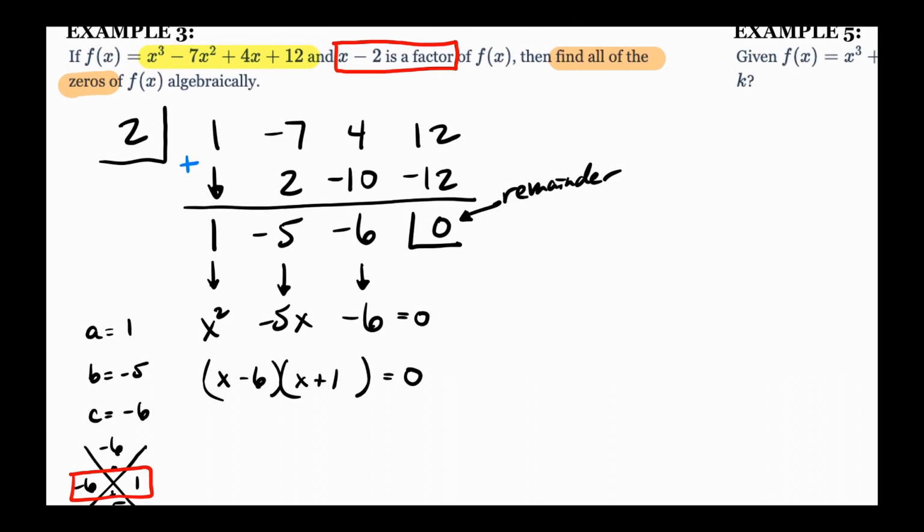Am I done with the problem? No, not even close. How many zeros should this have? I've heard 4 different answers.